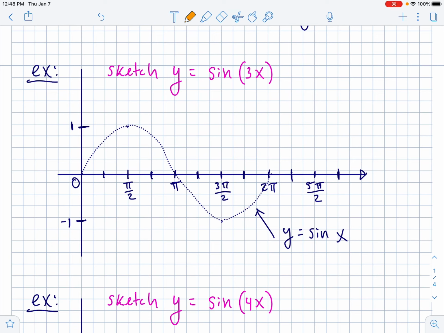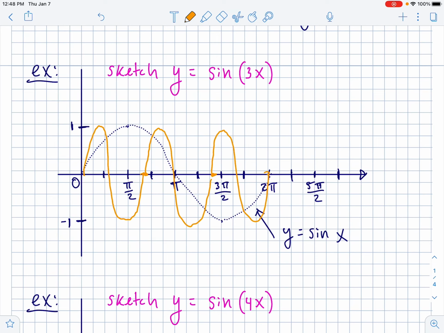What if I was going to do y equals sine of 3x? Well, this means that you would get a horizontal compression by a factor of 3. I didn't do the right tick marks for this, but it would go up, down, back up, down, back up, and up, down, back up in between 0 and 2 pi.